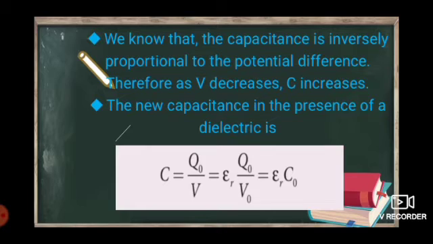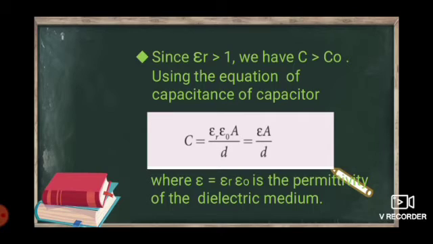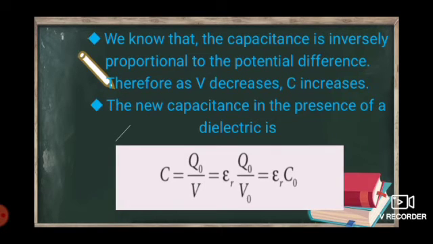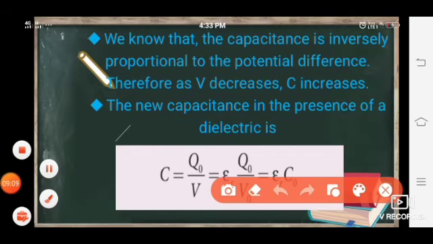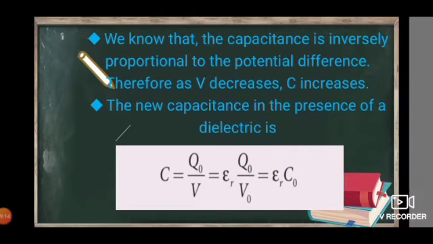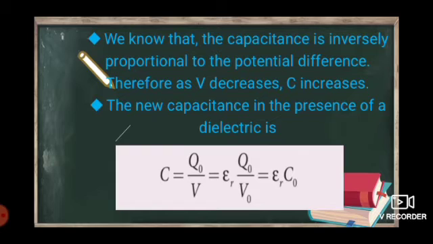Substituting that value in this equation, the equation changes to Q naught divided by V naught divided by epsilon r. In the next step it changes to Q naught divided by V naught into epsilon r. We already know that Q naught divided by V naught is C naught, the capacitance of the capacitor at the initial position, that is, the capacitance before the dielectric medium is inserted.